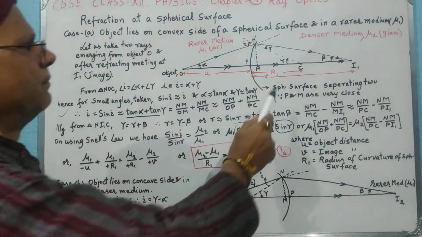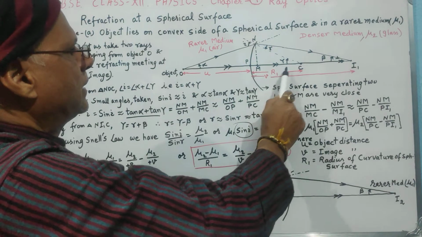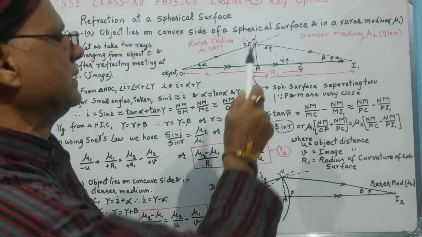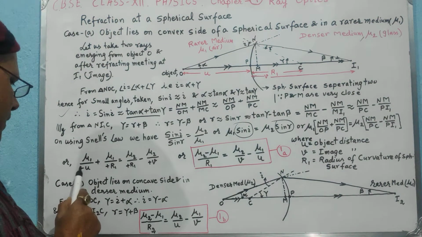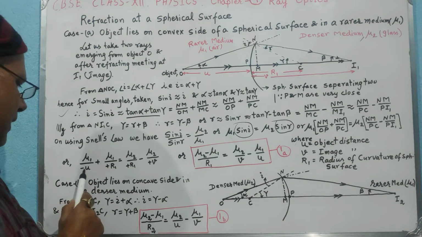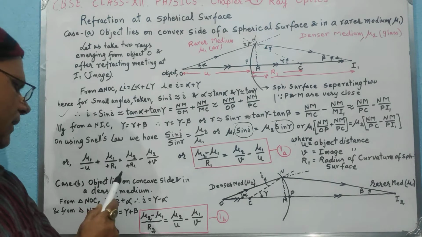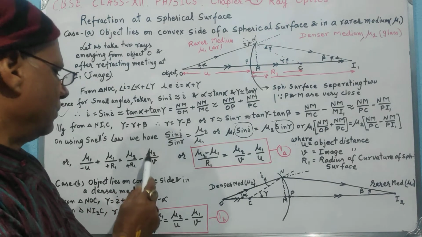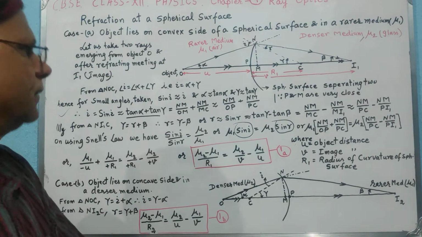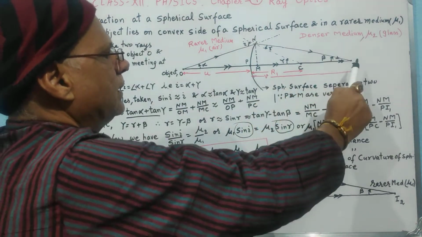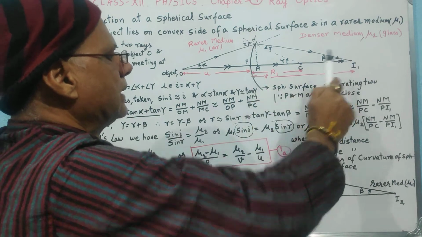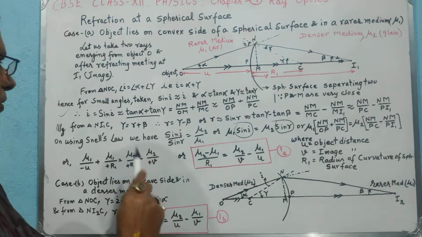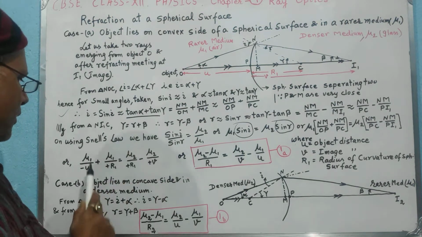For PC you have plus R1, because we are measuring this distance along the incident ray, and so we get mu1 divided by minus u plus mu1 divided by plus R1 equal to mu2 divided by R1 minus mu2 divided by v, because v is image distance, and since this distance is measured along the incident ray, it is taken as positive according to the sign convention.